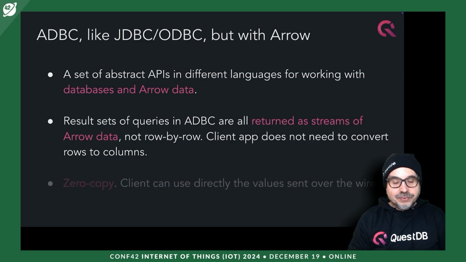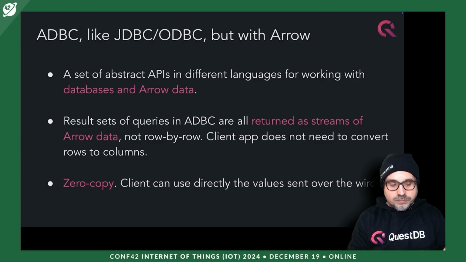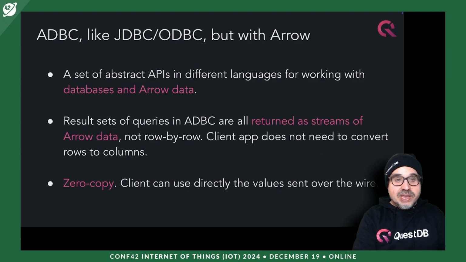And the cool thing about Arrow is that it gives you not only the memory format, but also ADBC, which is like JDBC or like ODBC. It's a protocol to work with SQL data, but in which the wire format is Arrow itself.